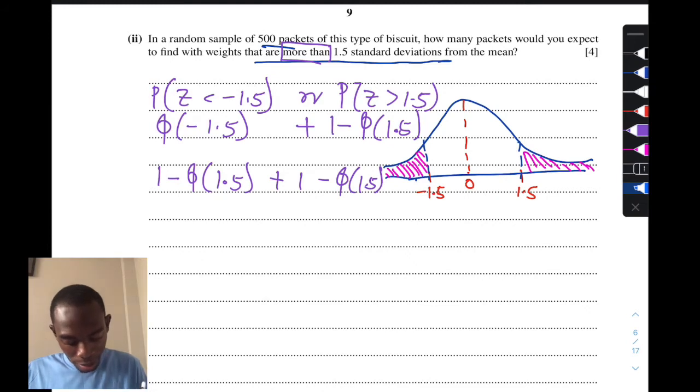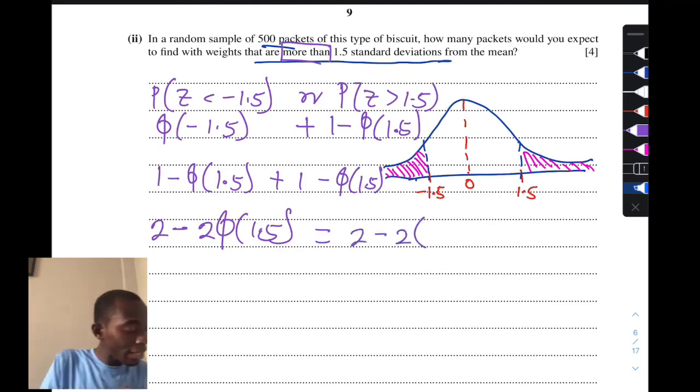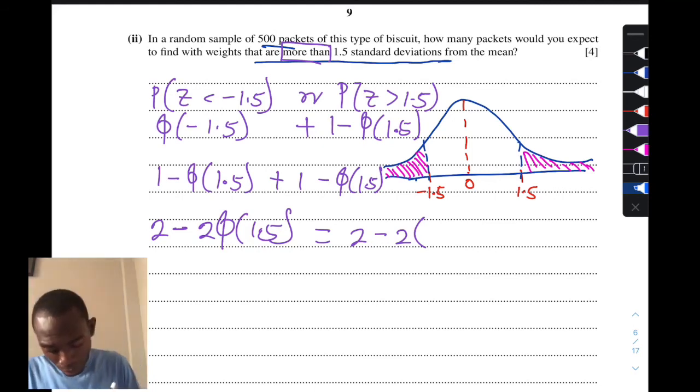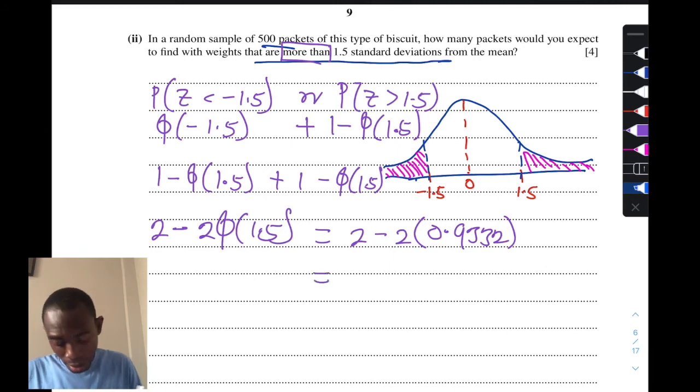So that means you have 1 plus 1, that's 2, minus 2 phi of 1.5. I hope my algebra is right. So I have 2 minus 2 times phi of 1.5. I think 1.5 is easy to read. That's 0.9332. And that, I'll just put everything on the calculator.